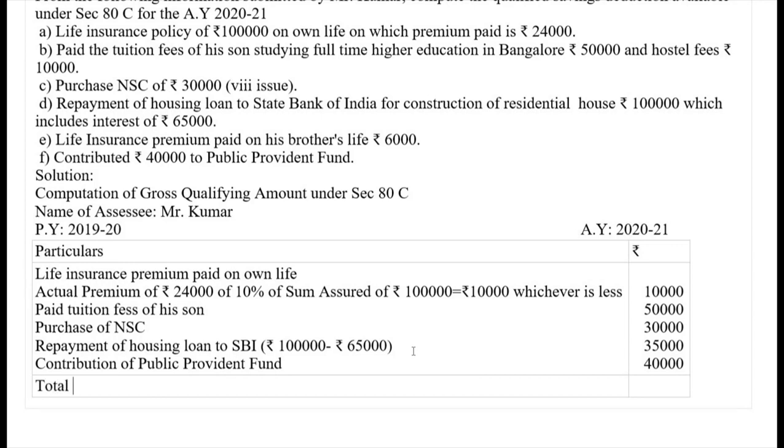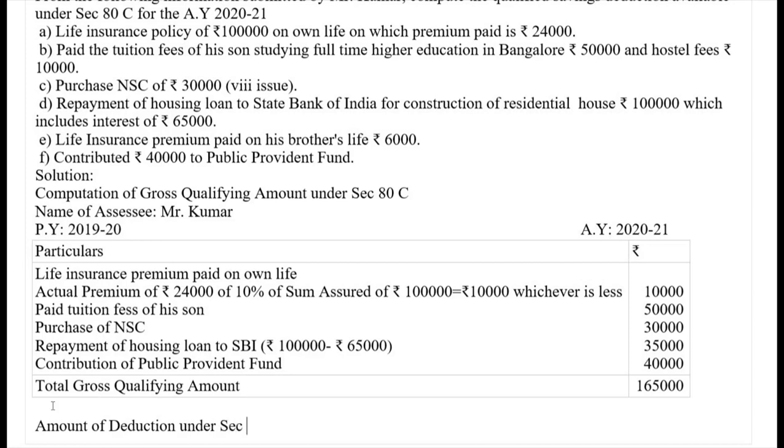So total gross qualifying amount, so 10,000 plus 50,000 is 60,000, plus 30,000 is 90,000, plus 35,000 is 1,25,000, plus 40,000 is 1,65,000. Then amount of deduction under section 80C.